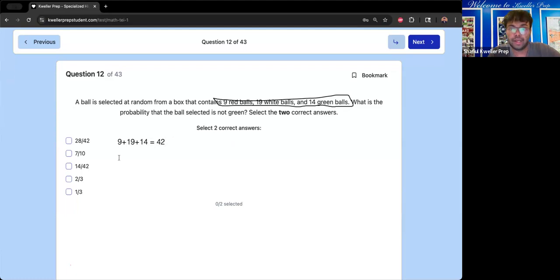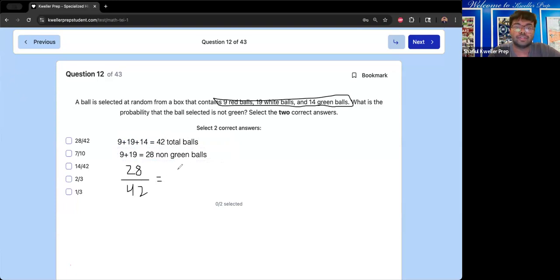What's the probability it's not green? 14 are green, the rest are not green. 9 plus 19 is 28. So here I'm writing 42 total balls, 28 non-green balls. The probability it's not green is 28 over the total, 42.